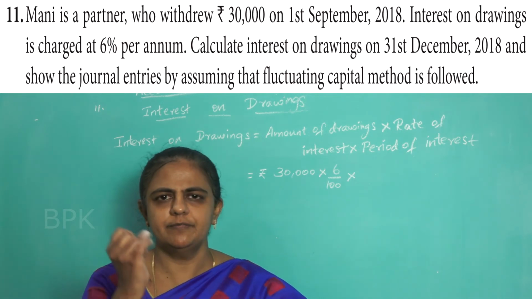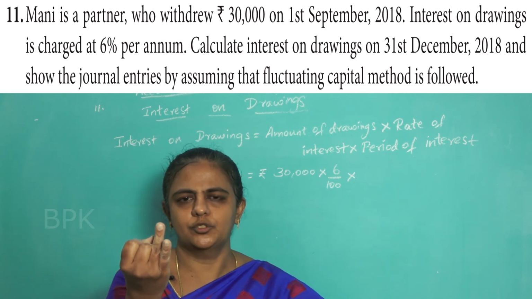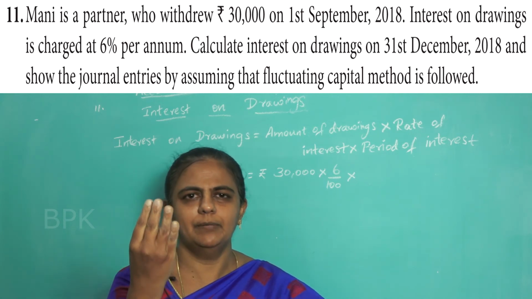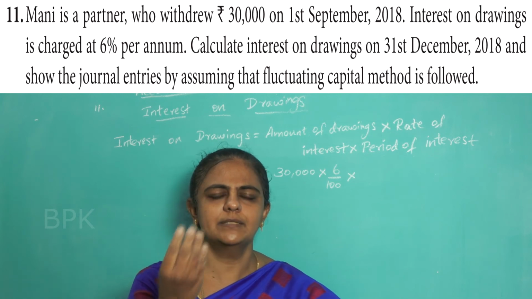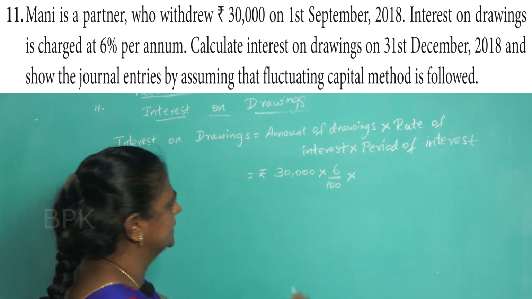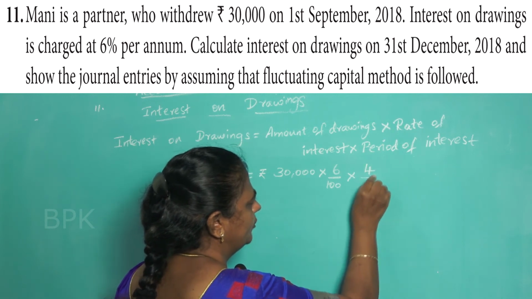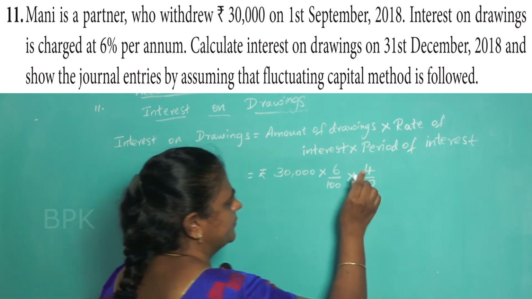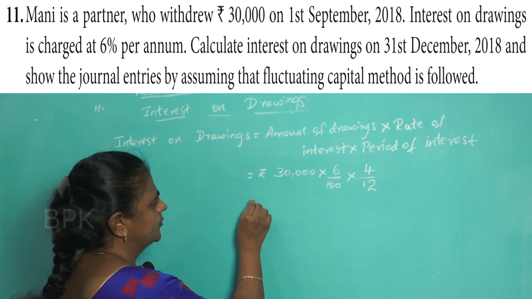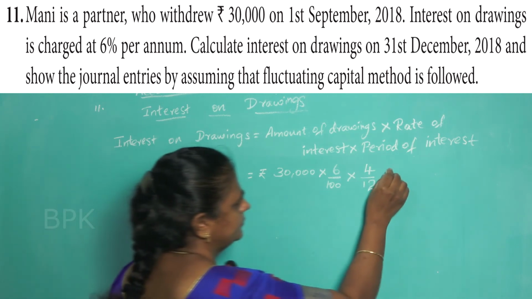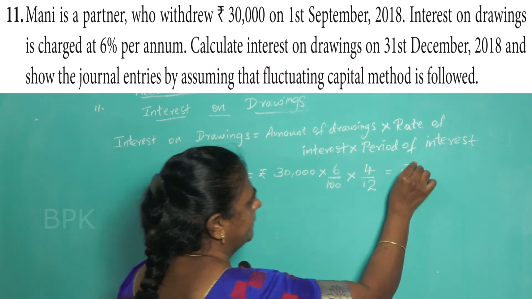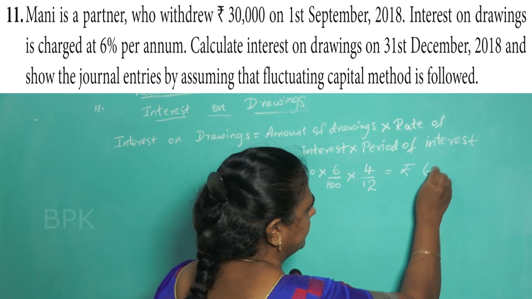So, from September 1st you calculate September, October, November, December. How many months? 4 months. 4 months he has to pay the interest. Okay. So, period of interest will be for 4 months, that is 4 by 12 from 1st September to December. So, that you calculate. So, you will get rupees 600.